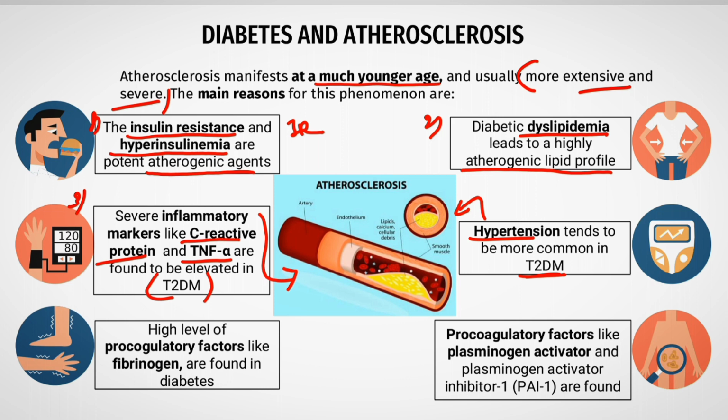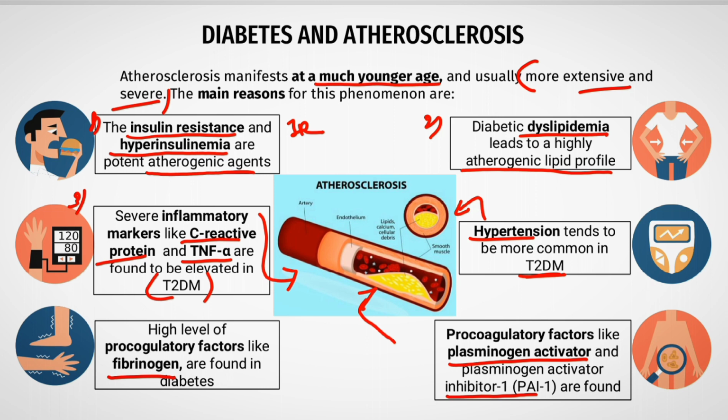Apart from that, there are various factors which are raised in case of diabetes, which lead to generation of this atherosclerosis. These procoagulatory factors are fibrinogen and plasminogen activator inhibitor 1, which ultimately cause the formation of plaque and ultimately atherosclerosis.